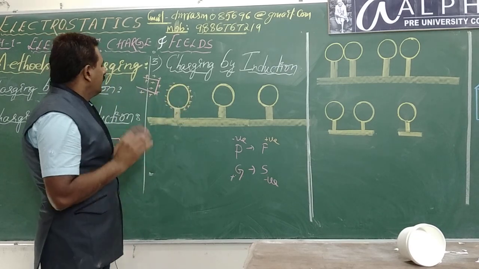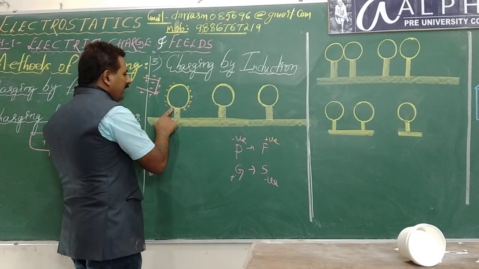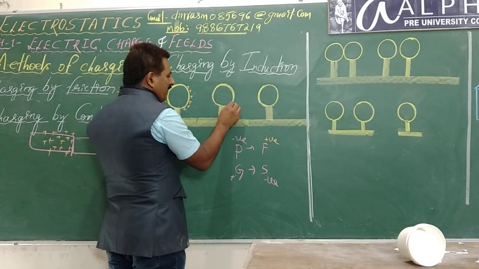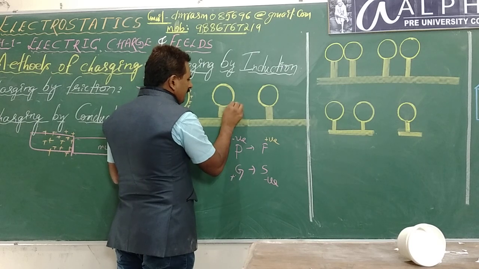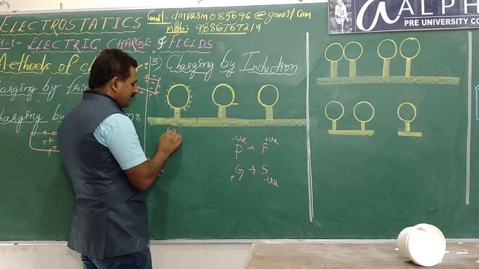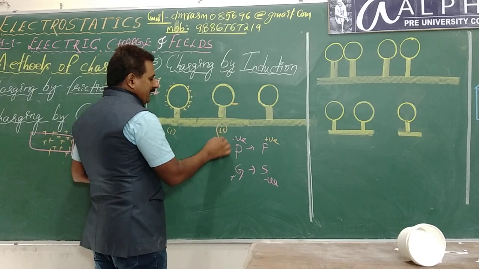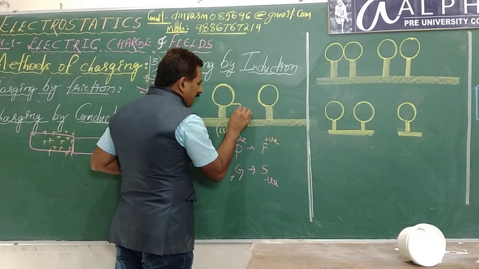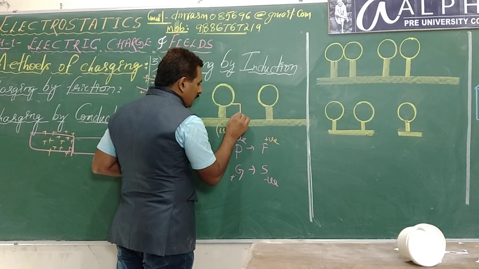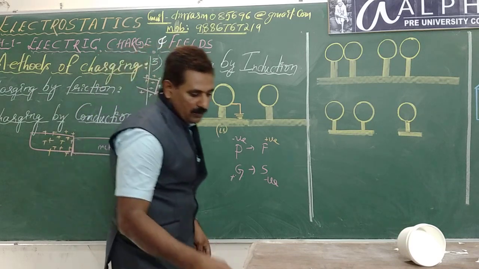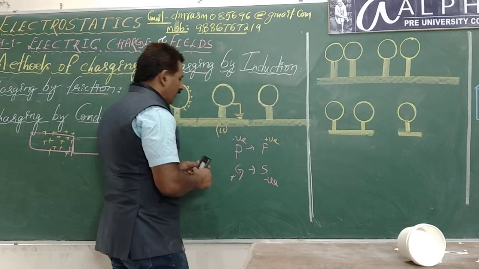Now, if I make some change here, what is that? Same conductor, shown here as the second case. This is the first case and this is the second case. In the second case, to the same conductor, I make a small change. I connect this body to ground. What is grounding?